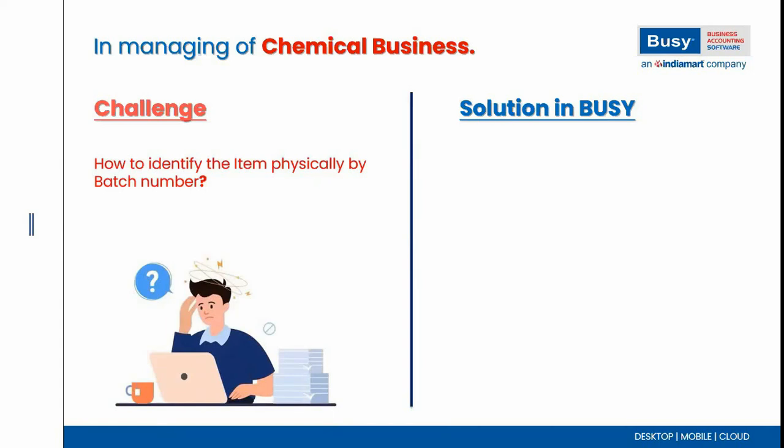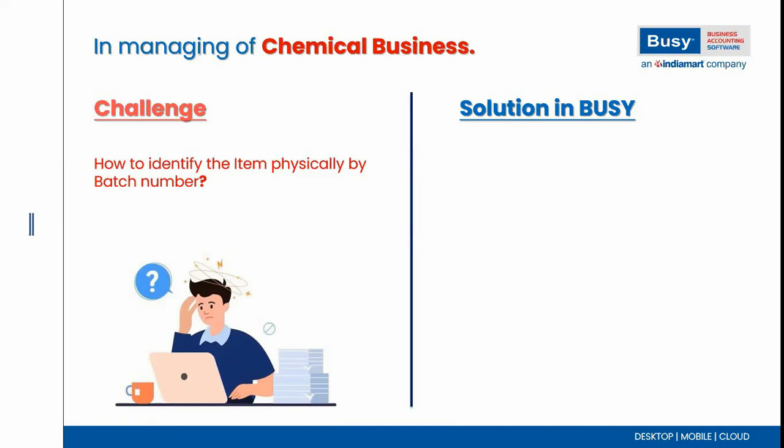The expiry will be decided by the date of manufacture. Suppose the date of manufacture is today and the product has 365 expiry days. Ultimately the software can calculate the expiry date within the software.